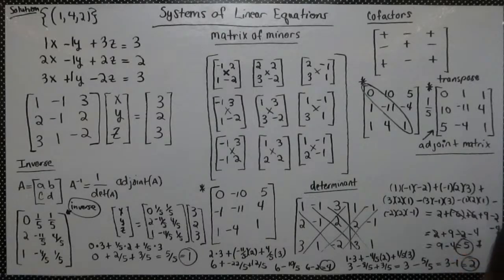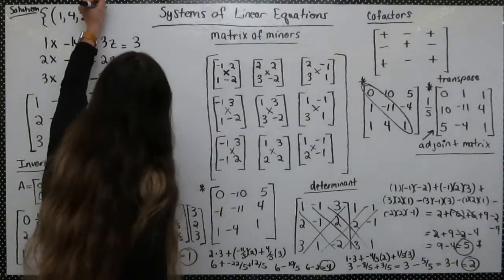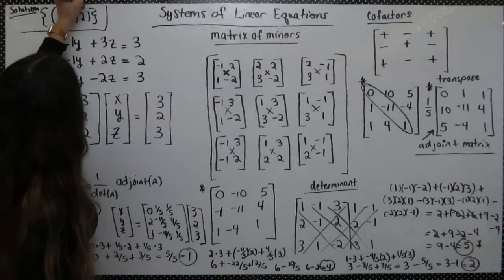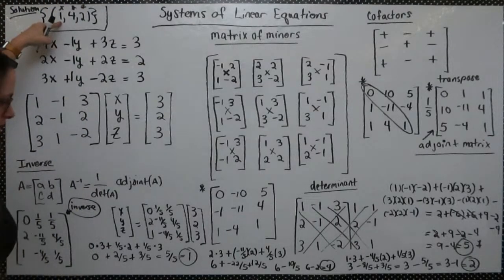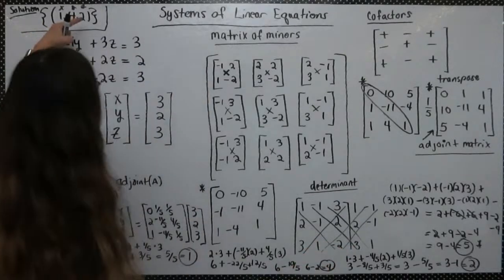So z must be 2. So we can see that we already had our solution here. This is x, y, z: x is 1, y is 4, z is 2.